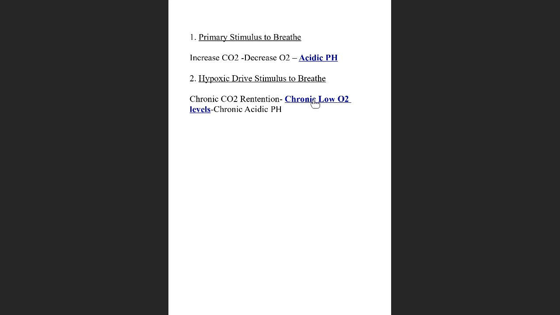So in theory, because there's no evidence to support this in any case study, but in theory, it is possible that if you give this patient high flow oxygen, you can reduce their stimulus to breathe.